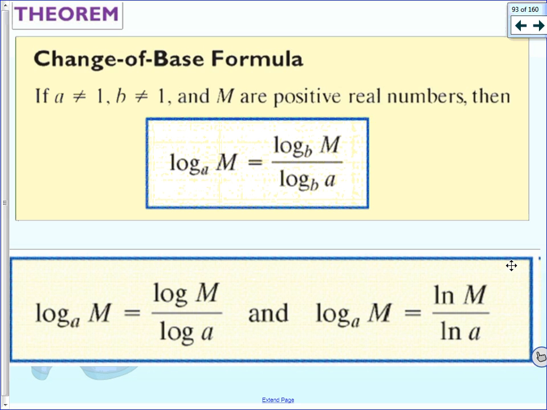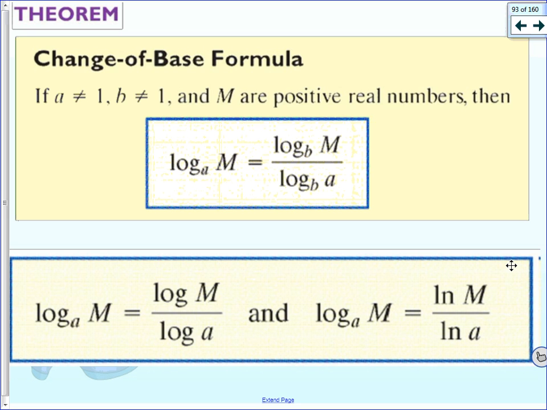It equals log base b of m over log base b of a. And this here just demonstrates that you can use any log, and given what is easily accessible on your calculator, you probably want to change it to either the common log or the natural log.